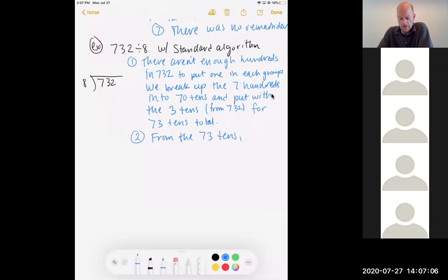Remember, the division algorithm is going to take the most it can from each place. So now we have 73 tens, put as many of them as I can into the groups. And why did you choose 9? Because 8 times 9 is 72. Right, so you're going to use almost all of the tens. So you can put 9 tens into each of the 8 groups.